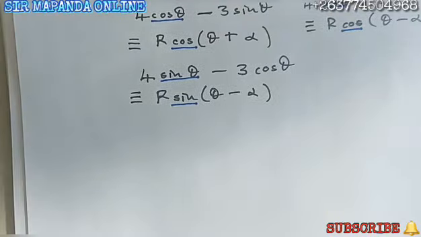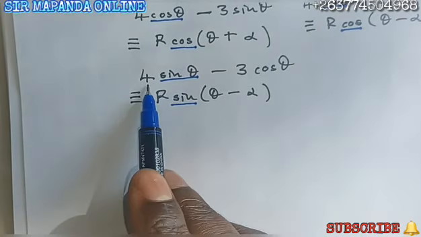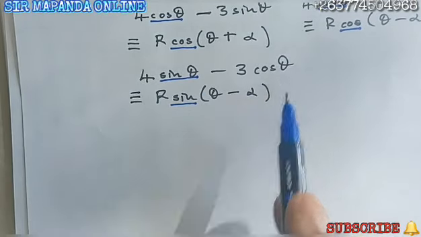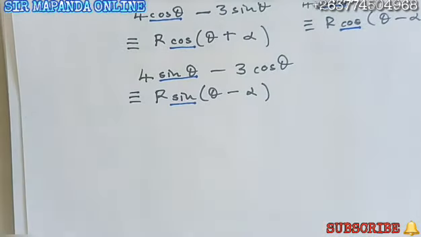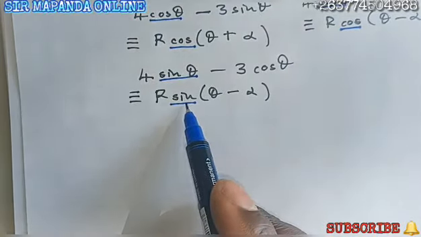Then we move on to the next one, which is the r sine format. If you are given 4 sin theta minus 3 cos theta, you get r sine theta minus alpha. There is no sign change for sine.